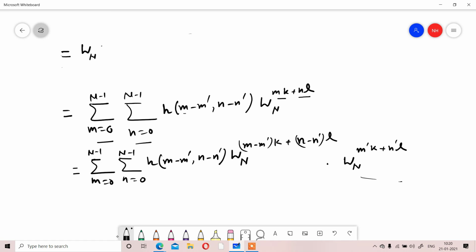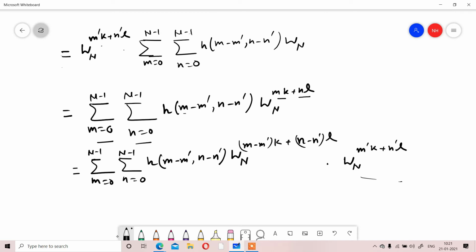So W_N of m'k plus n'l, double summation of m equal to 0 to N-1, n equal to 0 to N-1, h of (m-m', n-n'), W_N of (m-m')k plus (n-n')l. Okay, that you have got.